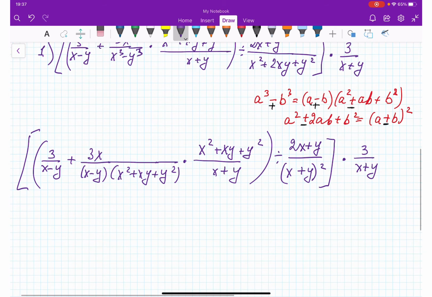All right, so first operation after this simplification, I'm going to do this parenthesis, I mean, this multiplication.